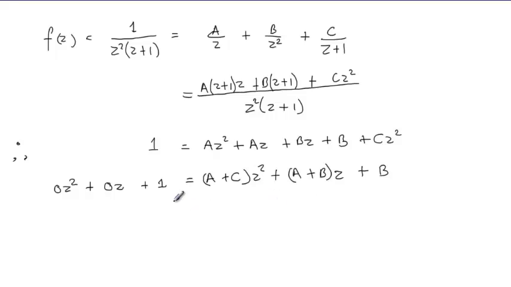Now, comparing coefficients on these two expressions, we conclude that a plus c is equal to 0, and a plus b is equal to 0, and b is equal to 1. Now, b is equal to 1. From this equation, we see that a is equal to minus 1.